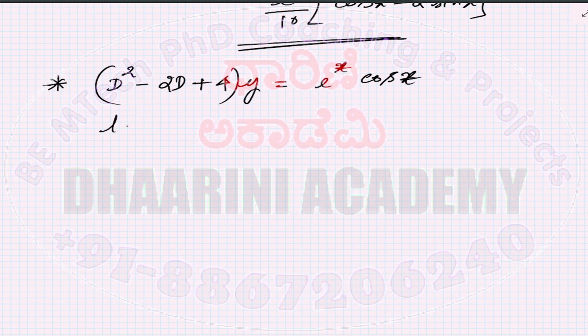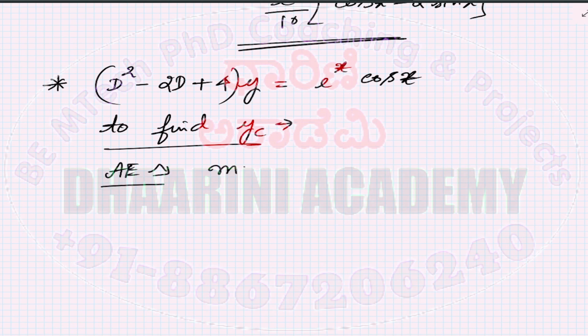Okay, so our first objective is to find yc. We'll write the auxiliary equation, that is replacing every d by m. So this is m square minus 2m plus 4 equal to 0. So we find the m by using the standard equation to find out the roots of quadratic equation.